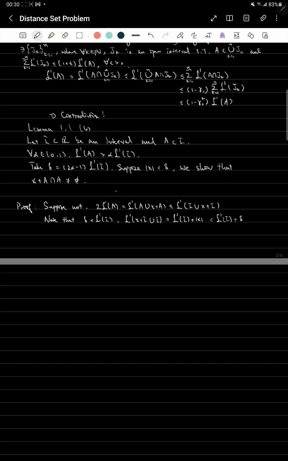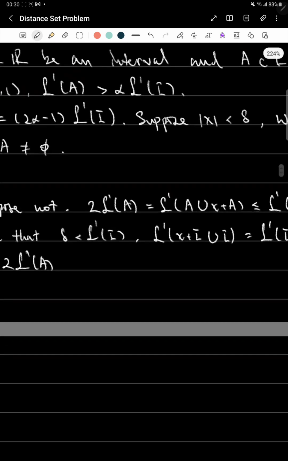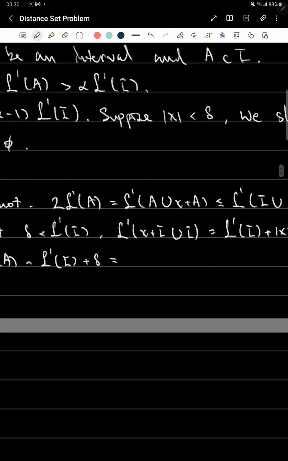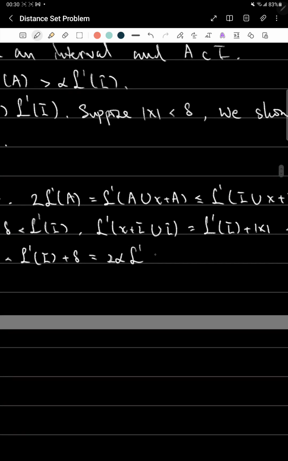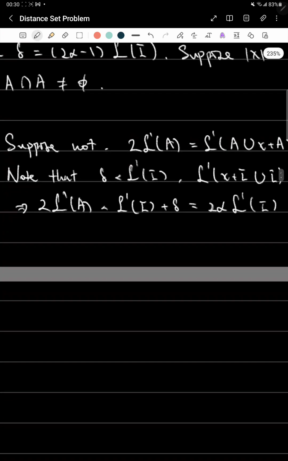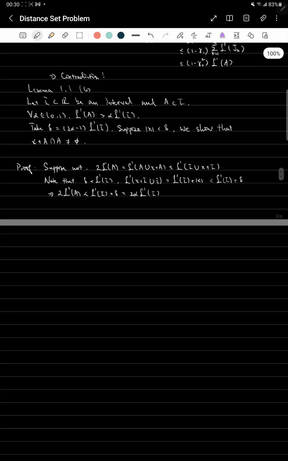And then let's consider the following inequality. Merging these two inequalities together, we will have that 2 times the Lebesgue measure of A is smaller than the Lebesgue measure of I plus delta, and adding this delta together, it is actually 2 alpha times the Lebesgue measure of I. Then what do we have?